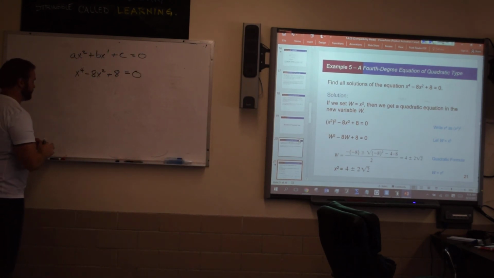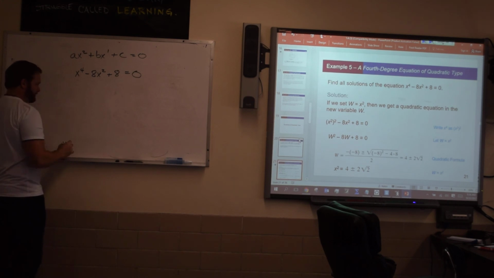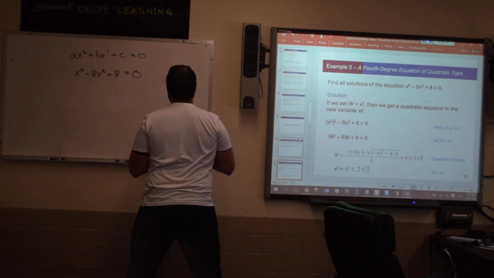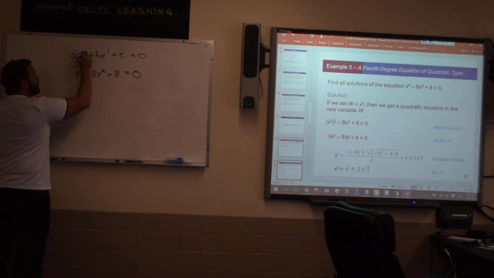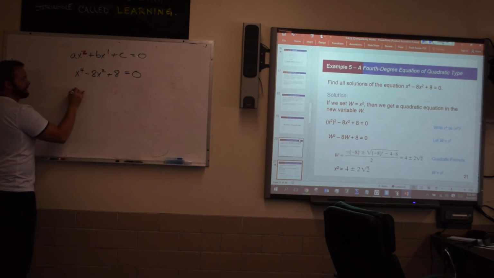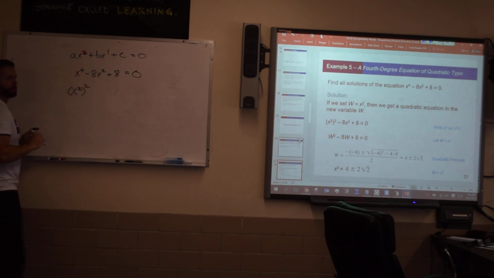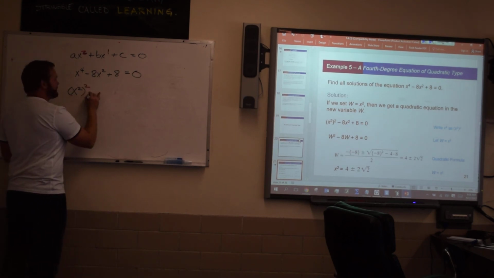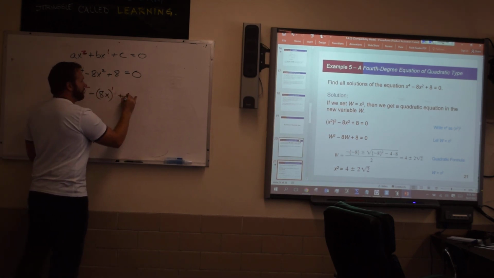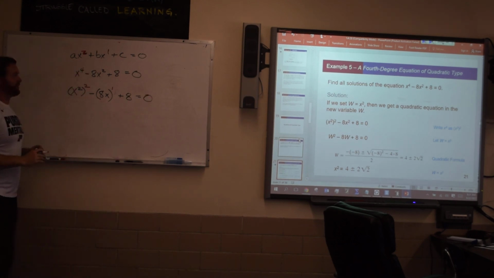So what we can do is rewrite this, and get a red marker so you see this a little better. If I write those exponents in red, try to follow along with what I'm going to do here. I'm going to rewrite this as x squared squared. I'm going to rewrite this as minus 8x to the first, and then plus 8 equals 0.